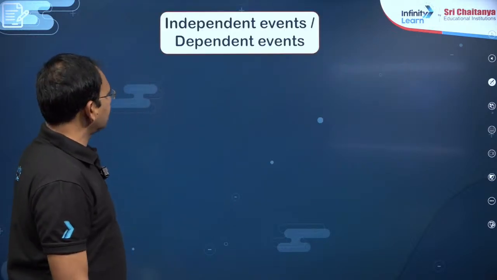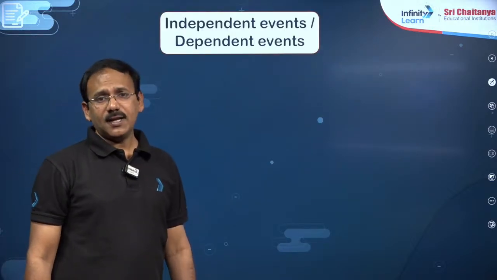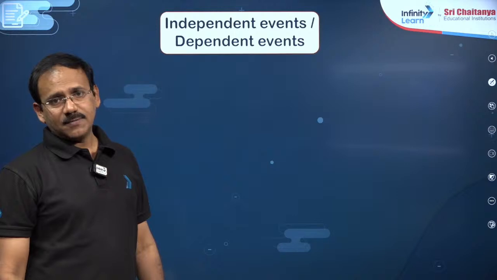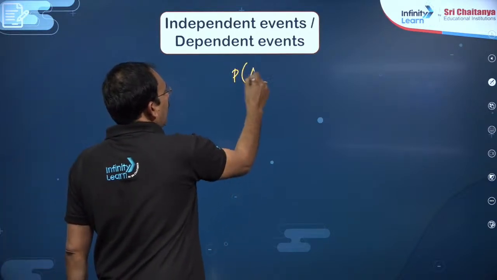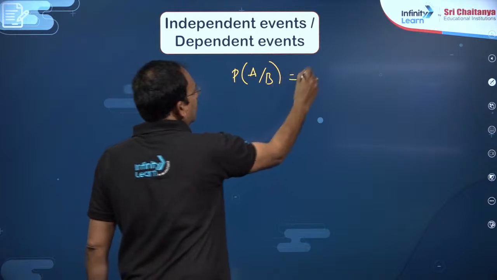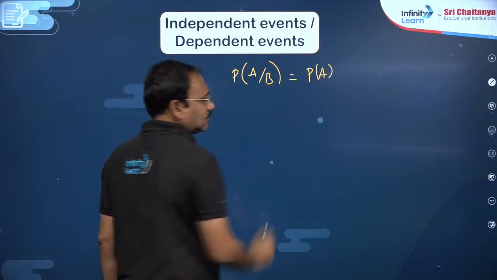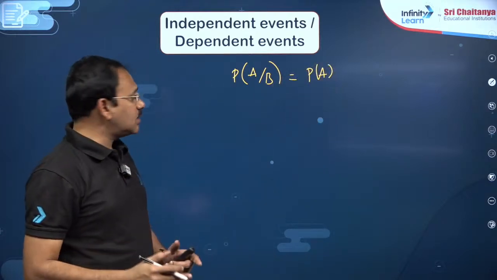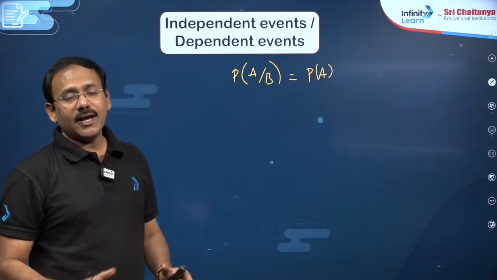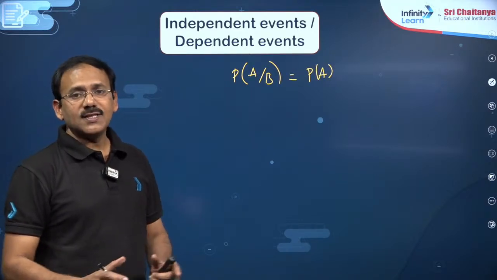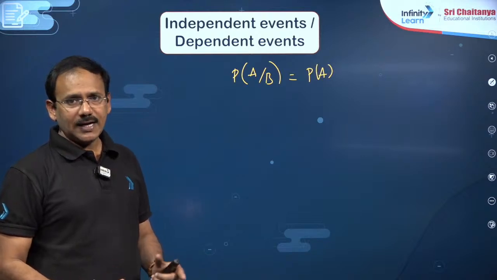Next, my dear friends. Independent events: if you take two events A and B, and the chance of happening, P of A given B, is P of A, that means knowing that B has happened does not affect the probability of A, so we say that they are independent events, right, dear students?